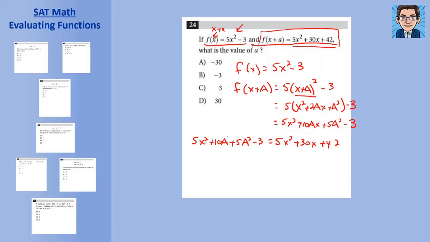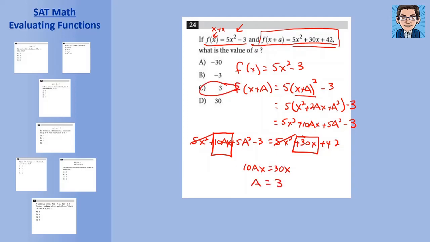Now we got 5x squared on both sides, so that cancels out. So now this middle term, 30x, has to be the same as this middle term, which is 10ax. So if 10ax equals 30x, then a is going to equal 3.